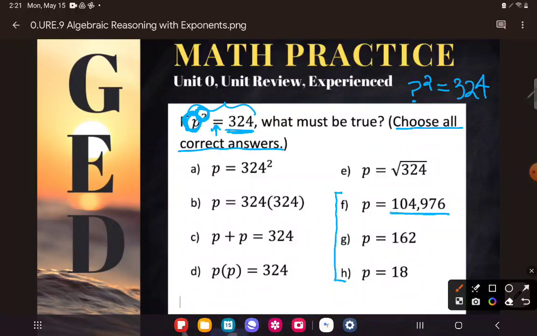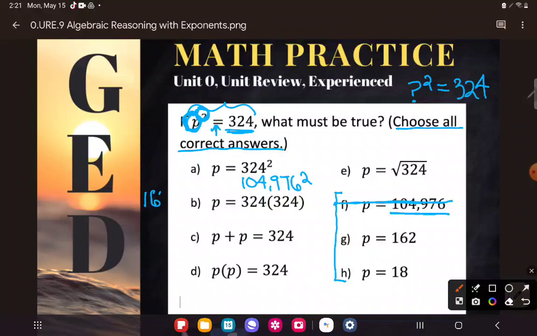If I were going to take 104,976 and square it, oh my goodness, I'd get something huge. Take that number and multiply by itself, oh my land. I'm going to have digits all over my paper. That's just silliness. It's way too big. Okay, even 162.